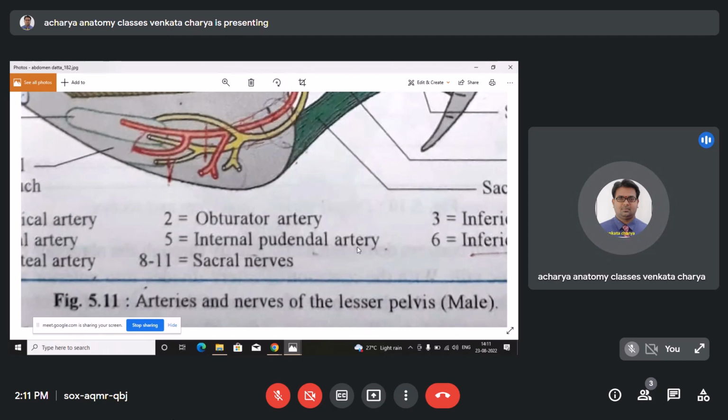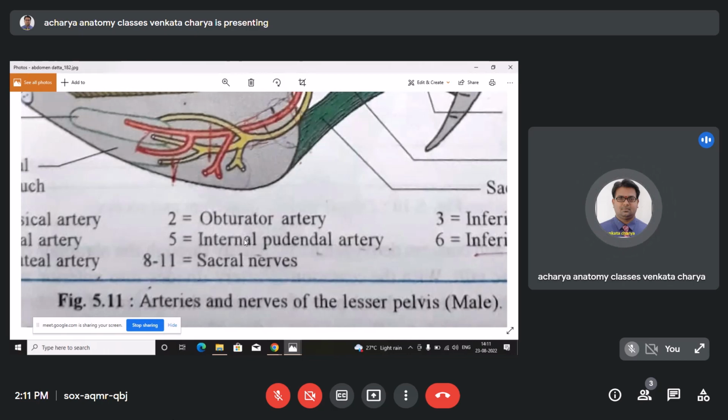Number one, uterine artery, and number two, vaginal artery. So these are the anterior division branches.